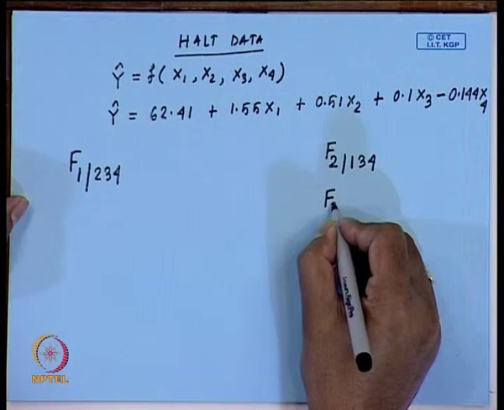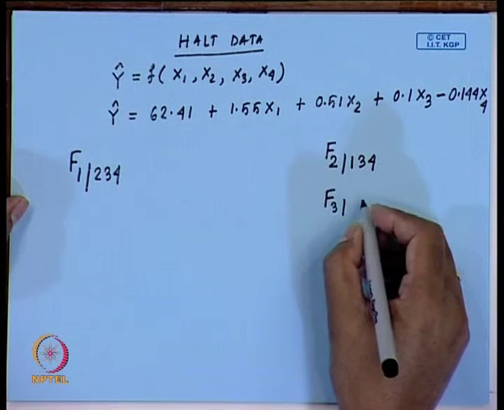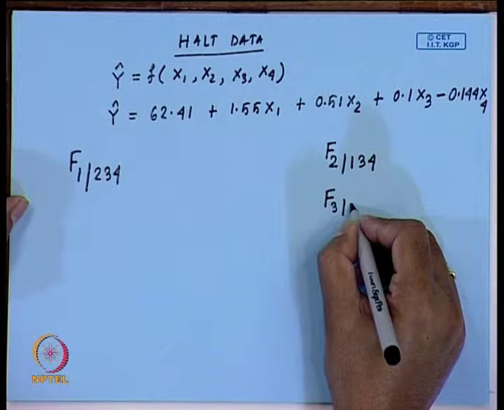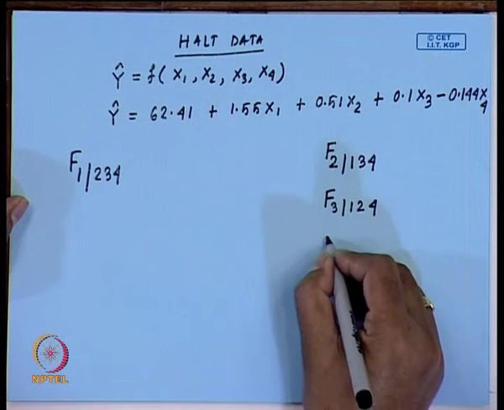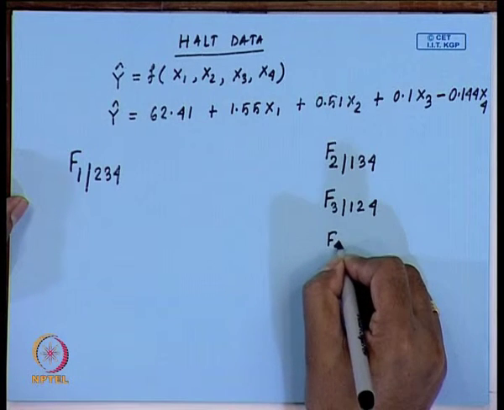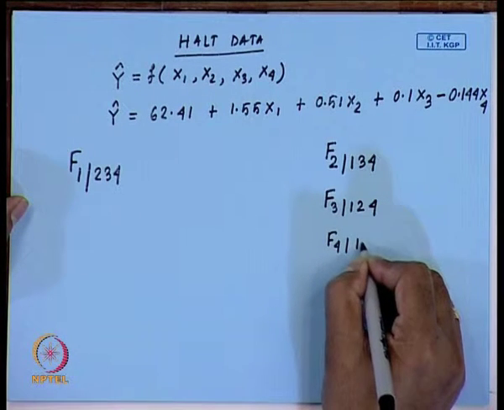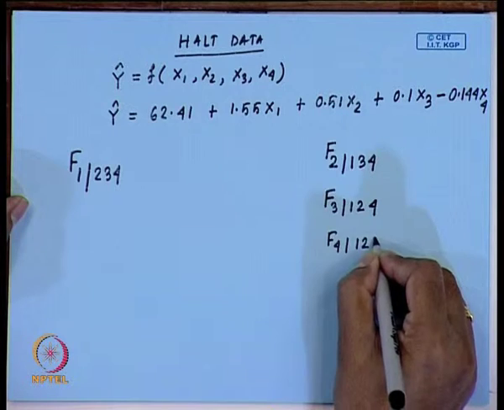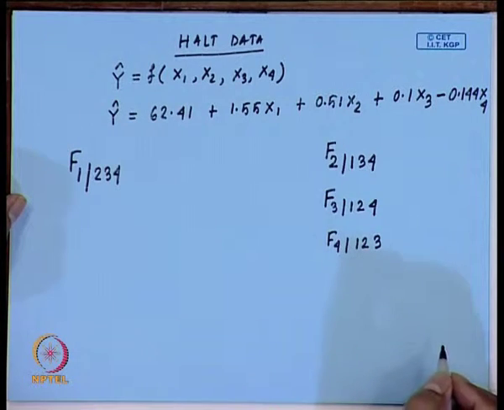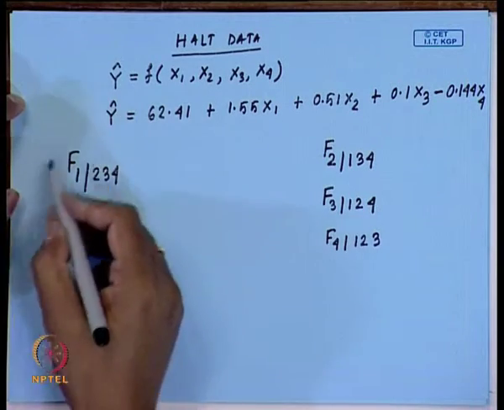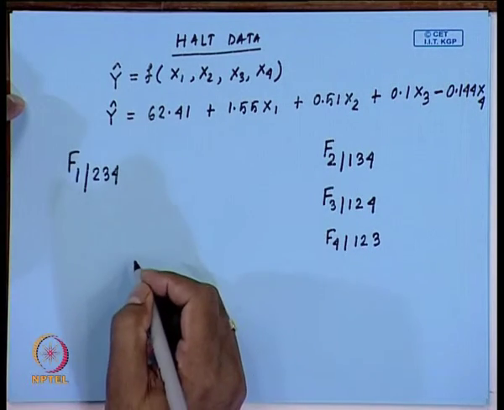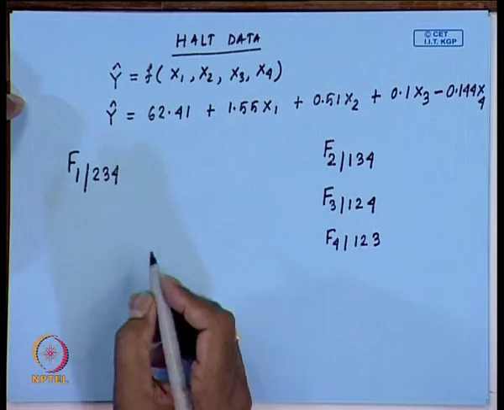So, we will compute F3 in the presence of 1, 2, 4, we will compute F4 in the presence of 1, 2, 3. Now, let me explain, just now we discussed how to compute this partial F statistic value.